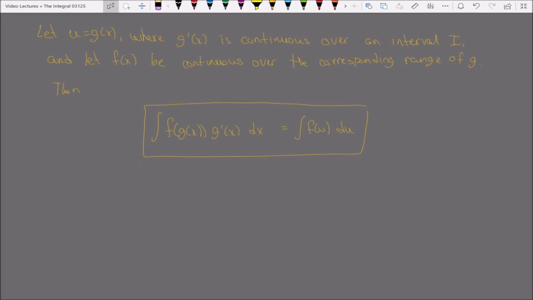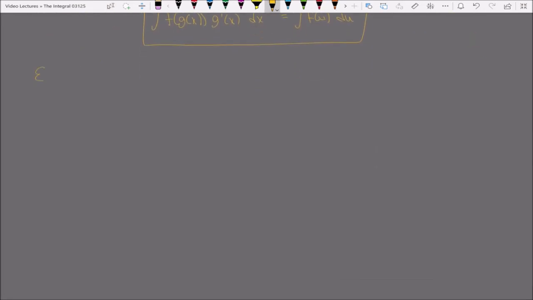And now some examples. First, let's take a look at the antiderivative of 6x times 3x squared plus 4 all squared. Now what we have to do here is let u be this 3x squared plus 4, because notice that du here is 6x times dx.